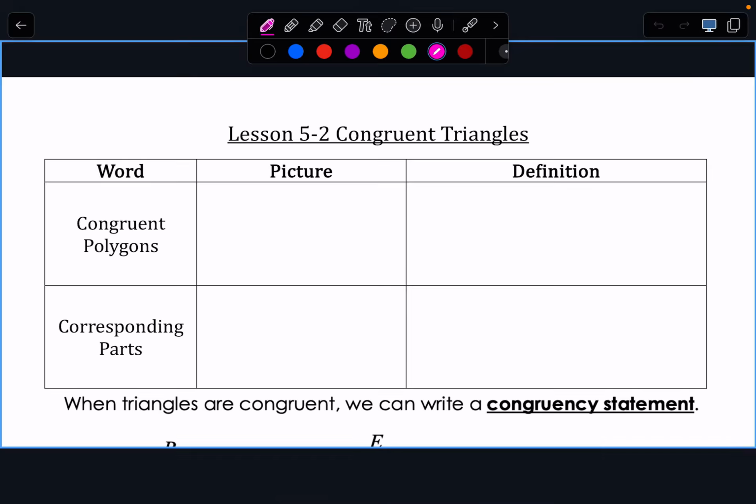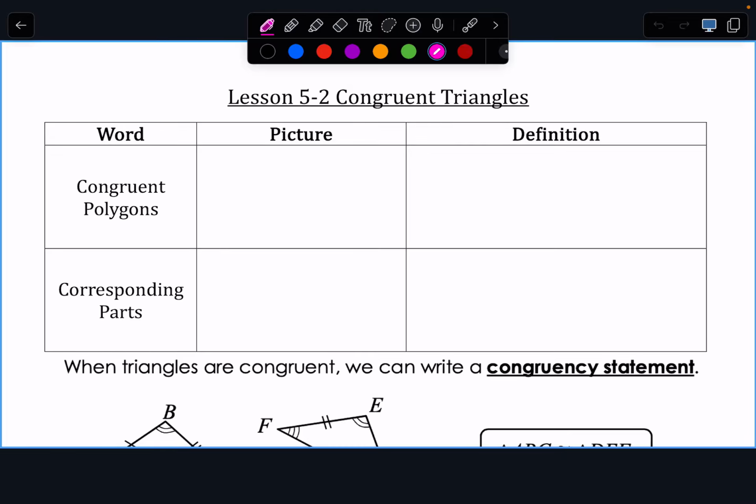All right. So, really, we're going to focus on triangles once we get past the quiz. But let's just talk in general when we have congruent polygons.